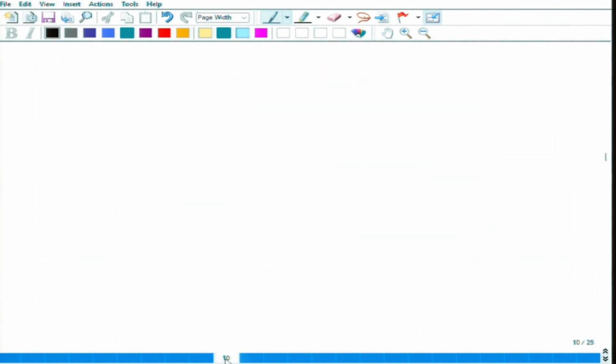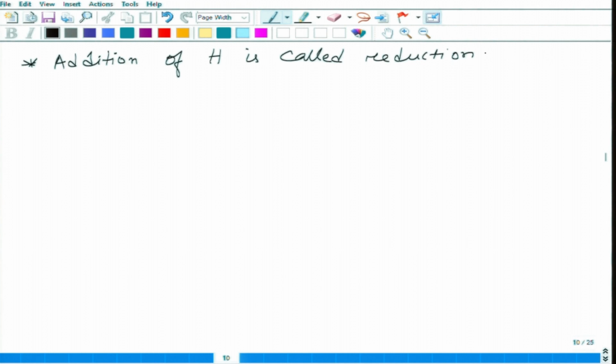So, what is reduction? So, basically we know addition of hydrogen is called reduction. Okay.